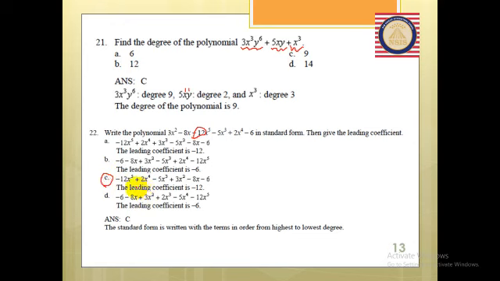Okay. So negative 12x power 5 plus 2x power 4 minus 5x power 3 plus 3x power 2 minus 8x minus 6. And the leading coefficient, which is the coefficient of the highest power, is negative 12. Okay, very good.